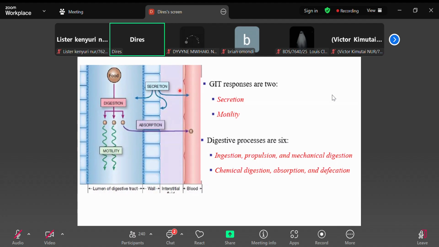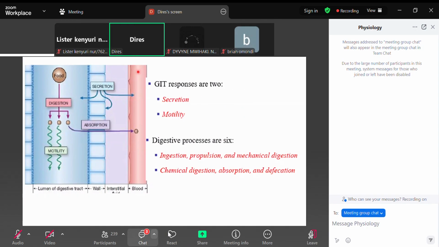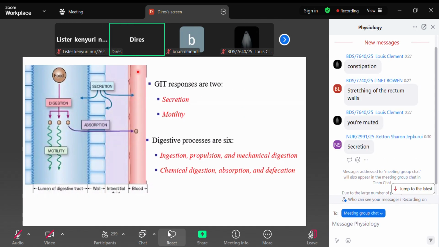Okay, secretion. What is secretion? You are right. There is secretion. But what is secretion?